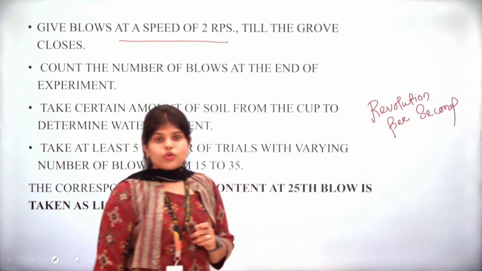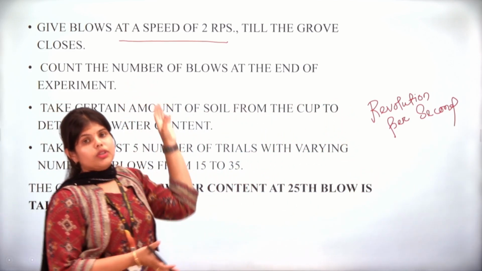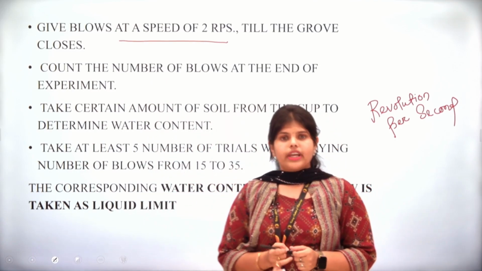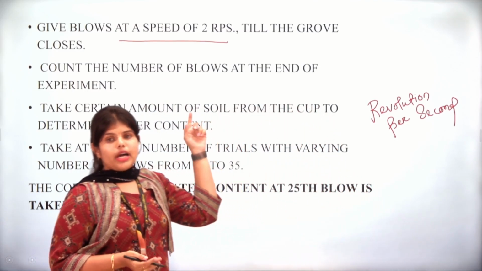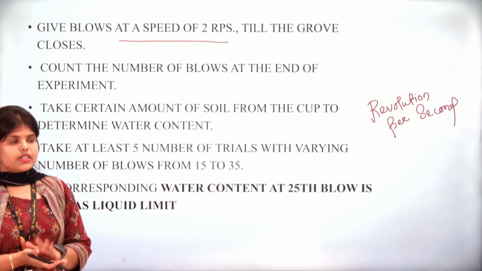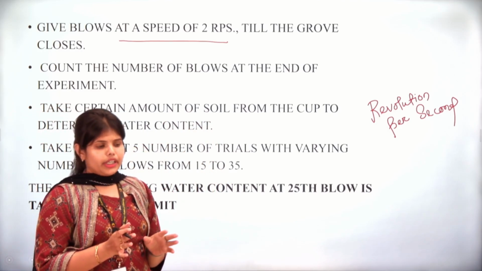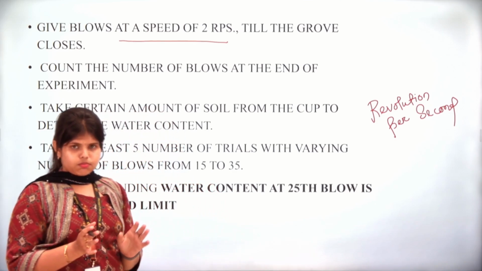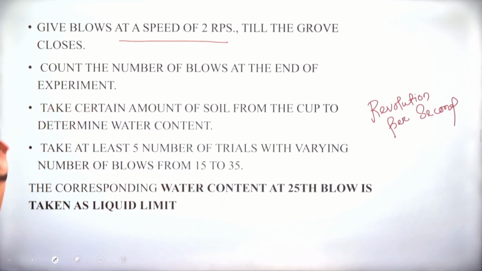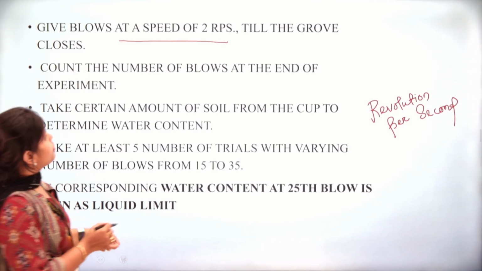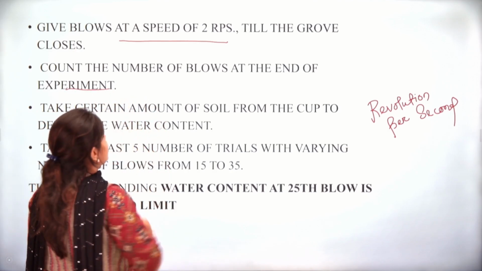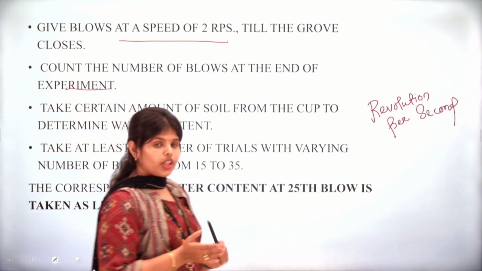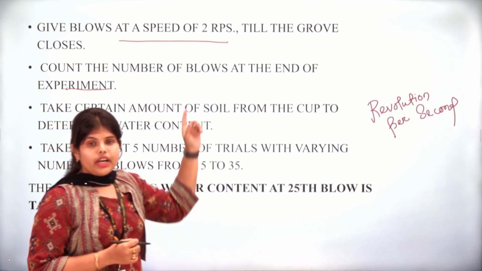So, we put the soil and start rotating the handle at a speed of 2 RPS till the groove closes. Normally, we need to apply 15 to 30 revolutions. Then count the number of blows at the end of the experiment.